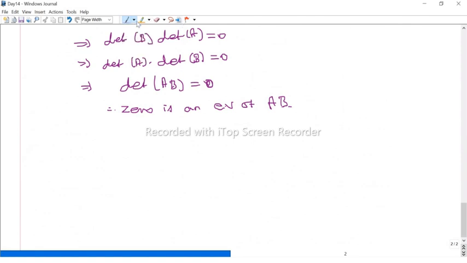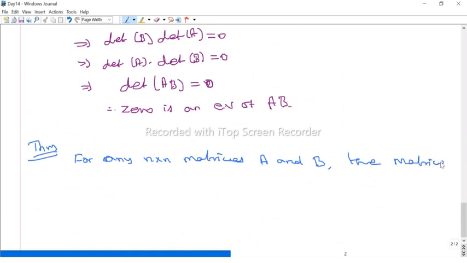So maybe you state it as a theorem. The theorem says, suppose we have two matrices A and B. For any n by n matrices A and B, the products AB and BA: in general, AB is not equal to BA.